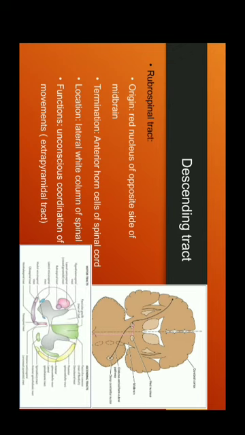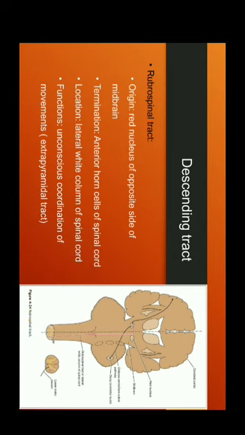You can see here at this region. Further, they terminate in the anterior horn cell of the spinal cord, that's the motor neuron. What is the function? It's the unconscious coordination of movement.